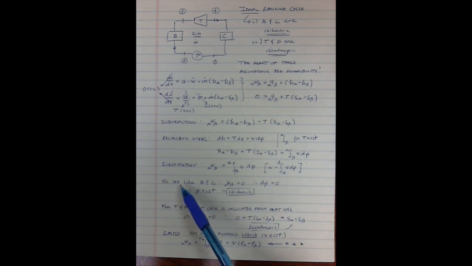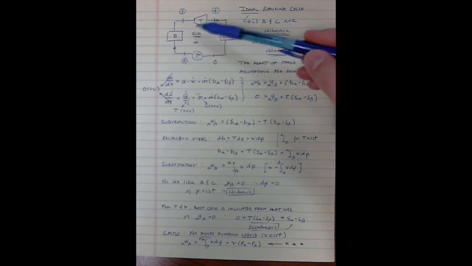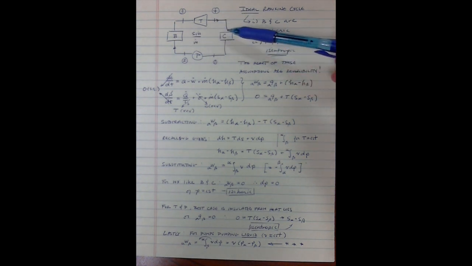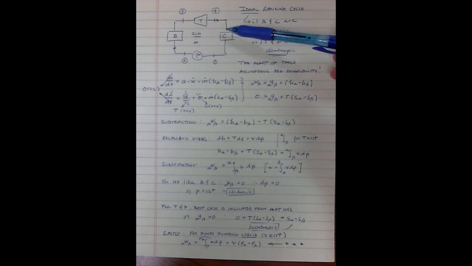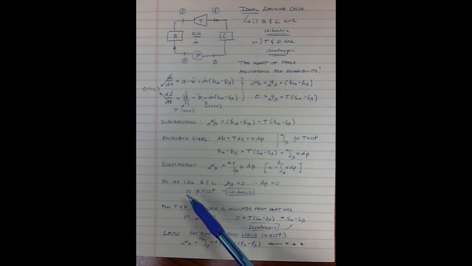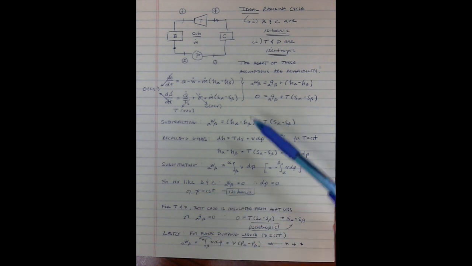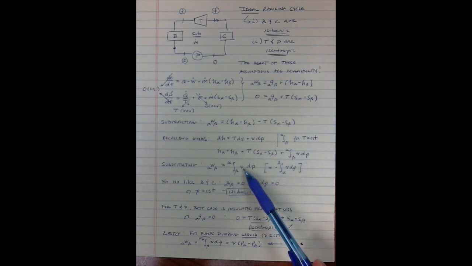In any case, for heat exchangers like B and C, we obviously have to have heat transfer. That's the purpose of these devices, so they can't be isentropic, because isentropic means adiabatic and reversible. So in this case, instead of assuming adiabatic, we assume that the work done pushing the fluid across would be 0. For the work to be 0, the integral, or the area under the VdP curve, has to be 0.